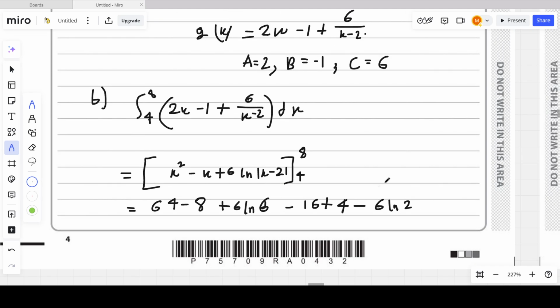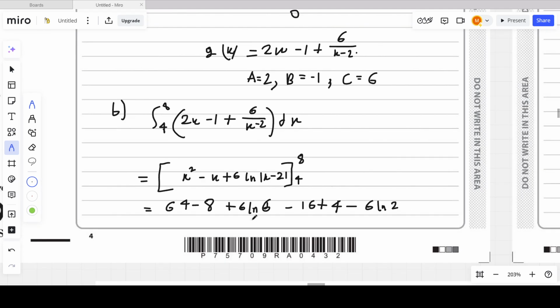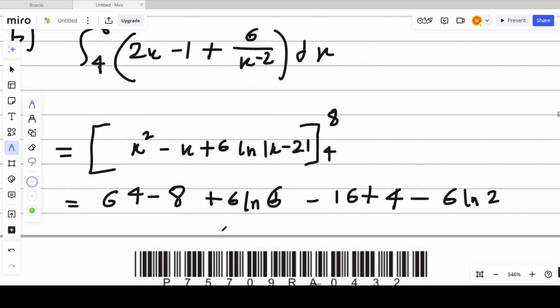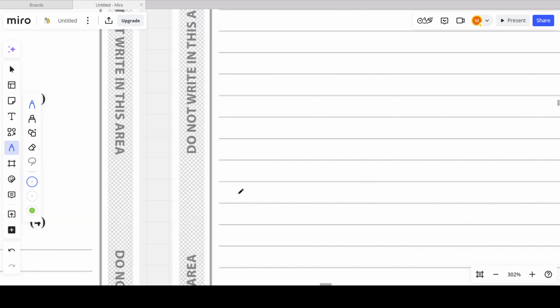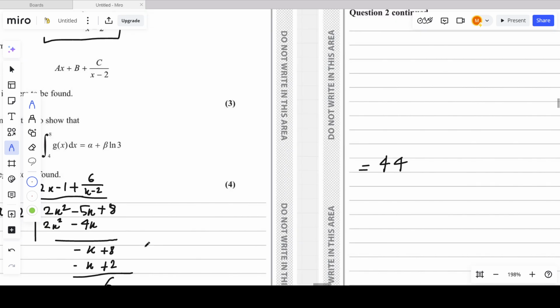Now we need to simplify it. Let's do the summation. 64 minus 8 is 56. 56 minus 16 is 40. 40 plus 4 is 44. So we got 44 by adding all of them.